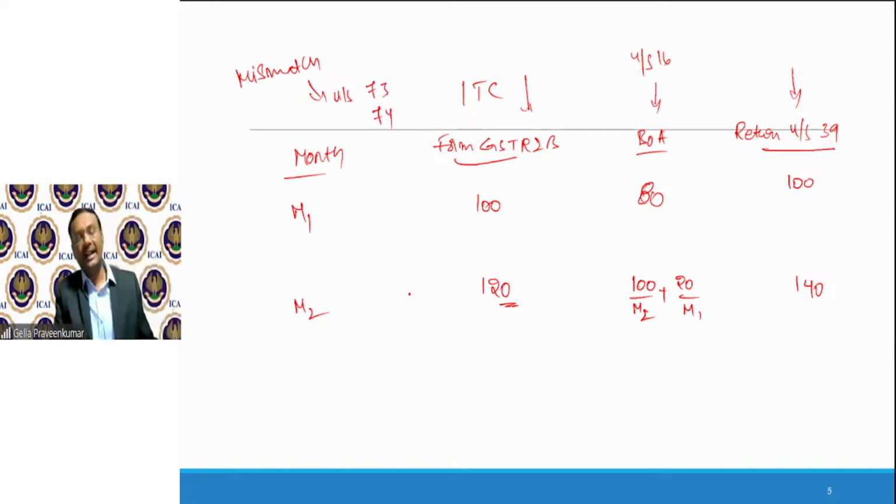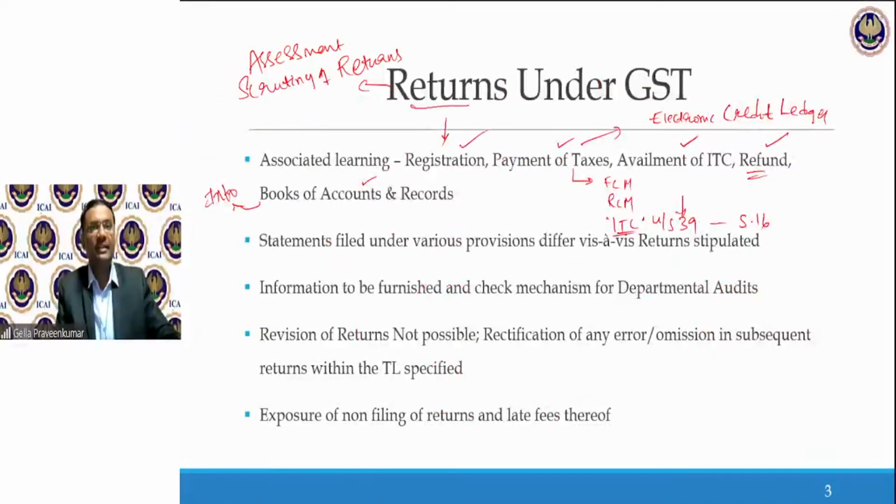This is how the assessment is going to take place. So with this background, students, when we read this chapter under returns, please keep in mind, somewhere when Arun sir is going to cover assessment provisions, the aspect connected with GST returns and registration, input tax credit, and your books of accounts are connected.